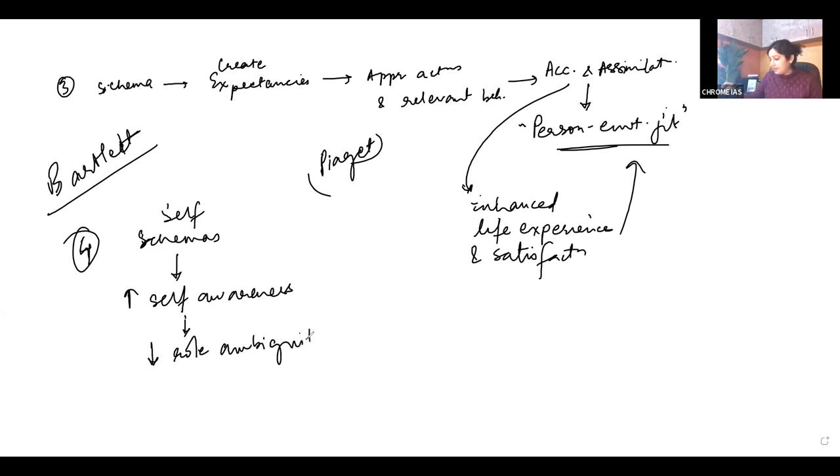You are showing to the examiner that, listen, I'm very self-aware. I know what role I have to play, no ambiguities. This will lead to what? Increased self-esteem and self-efficacy.